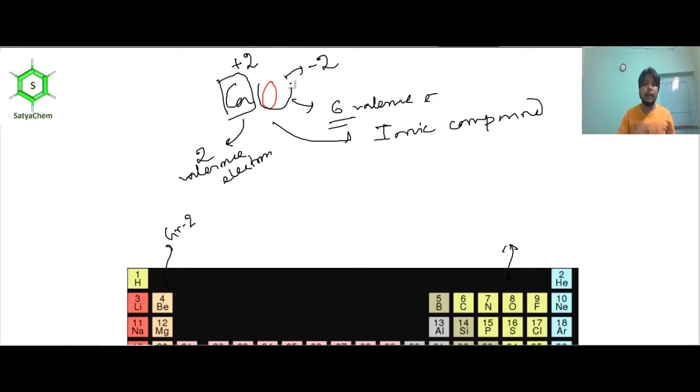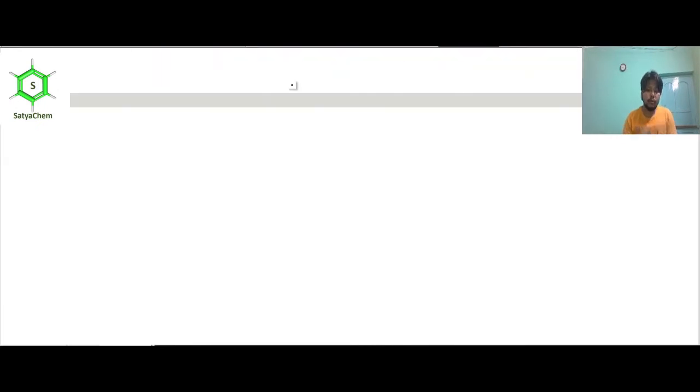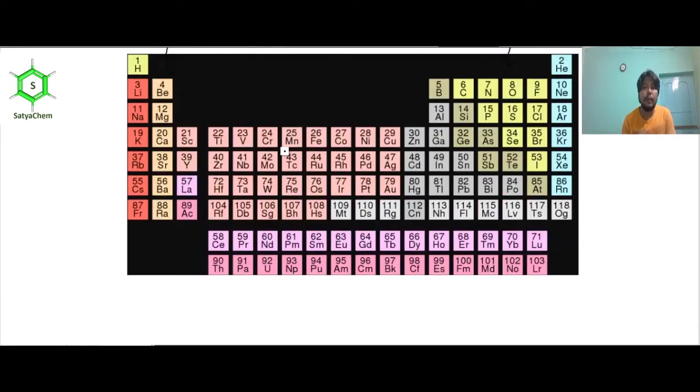Clear? But if you think about H2O, say this is HOH. Okay, see the periodic table. Oxygen, nitrogen, fluorine are highly electronegative, whereas hydrogen is an electropositive atom.